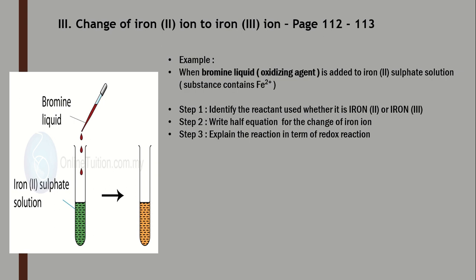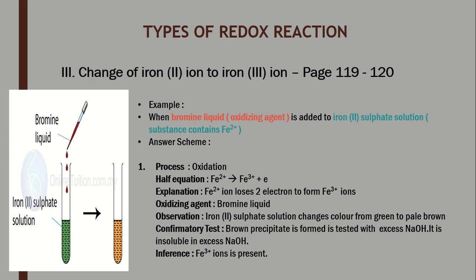And then we explain the reaction in terms of redox reaction, as usual. Let's look at the explanation. The first one is we write the half equation for the oxidation. Since we already know it is converting iron 2 to iron 3, just write directly Fe2+ produces Fe3+.